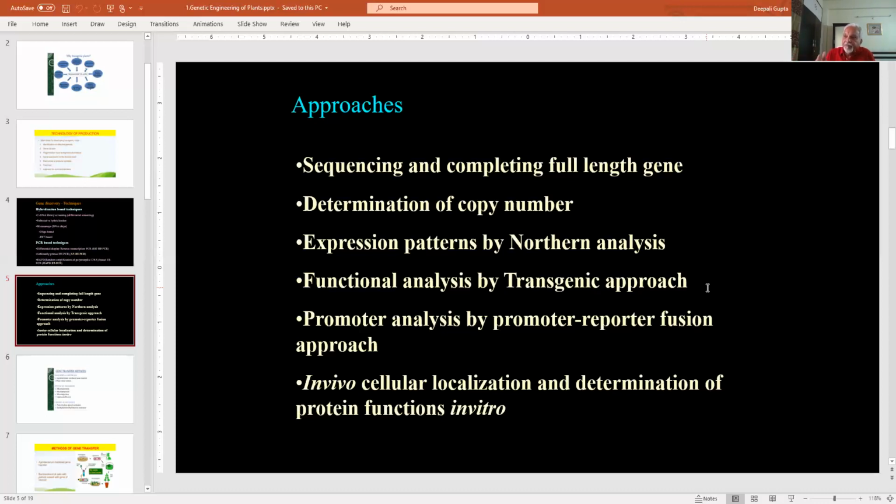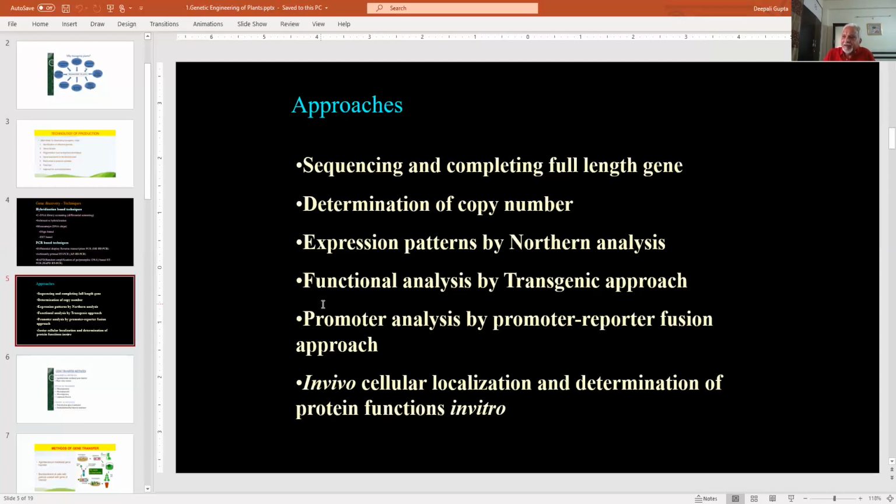And if you are overexpressing the gene, and if it is involved in a particular trait, then it is going to protect or strengthen the trait where it is involved.